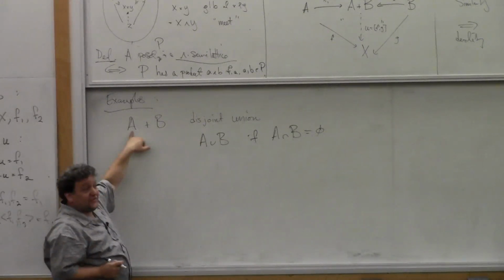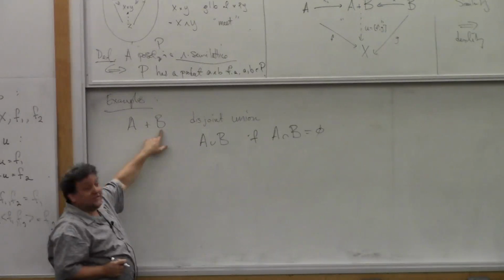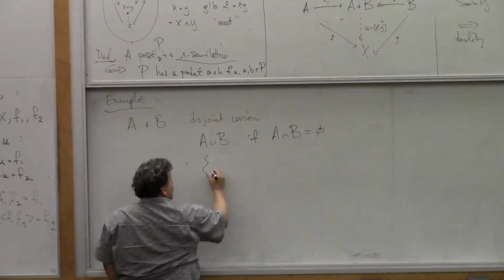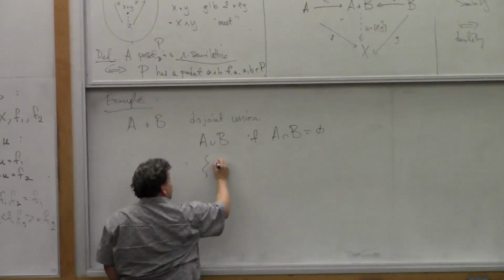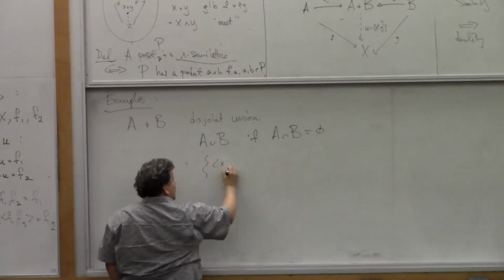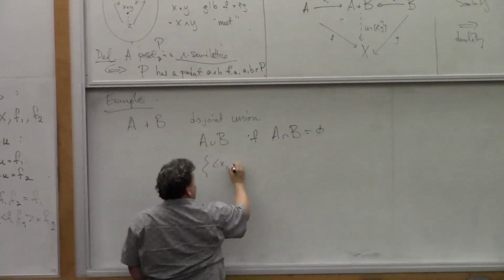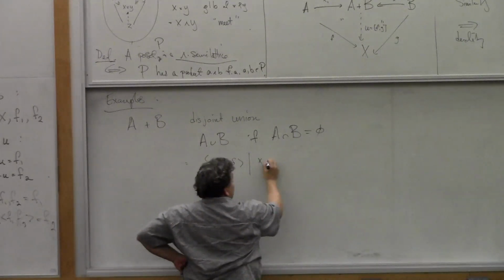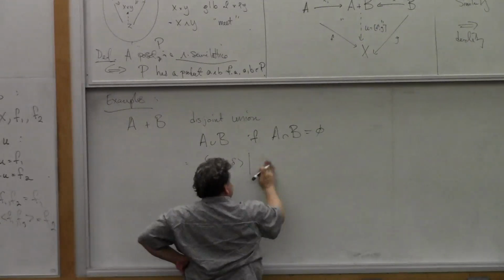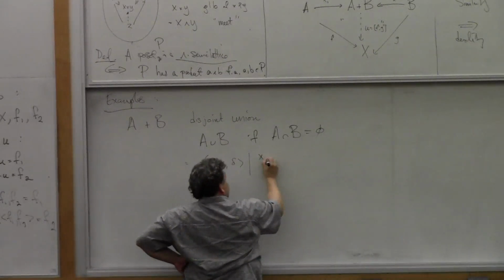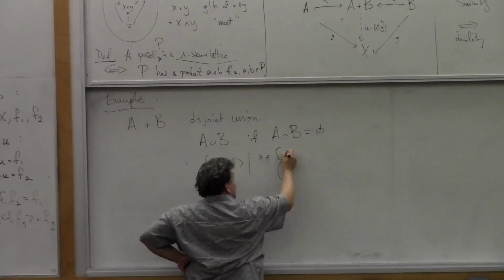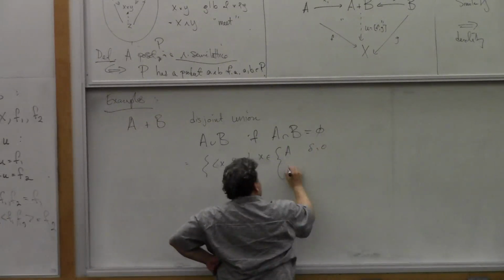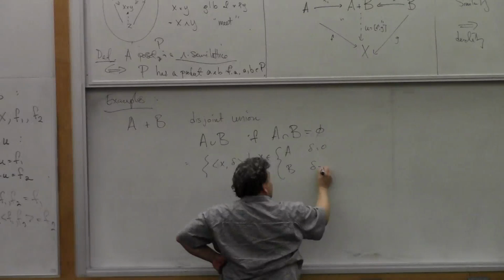Tag everything in here with a 0 and everything in here with a 1, right? So that's a usual way: you could say it's a bunch of pairs of the form x, comma, delta, where x is in A if delta equals 0, and x is in B if delta equals 1.